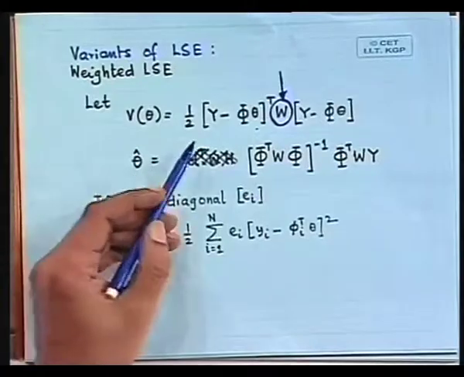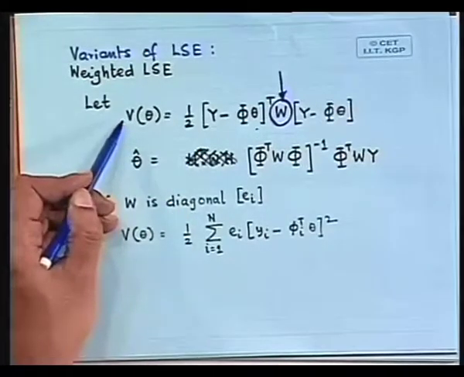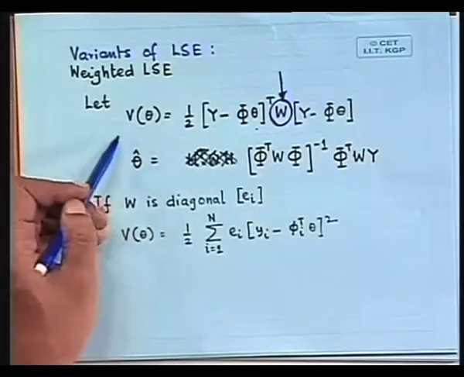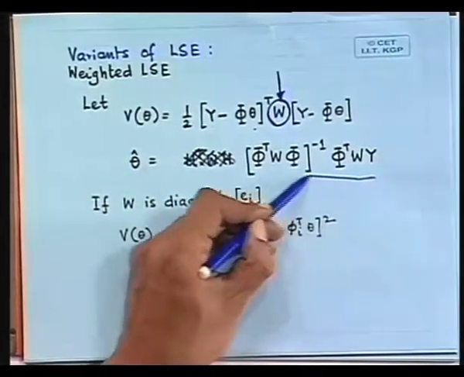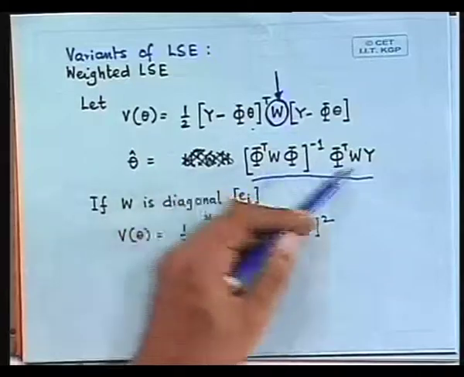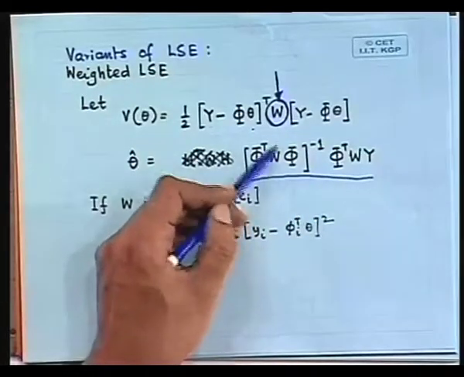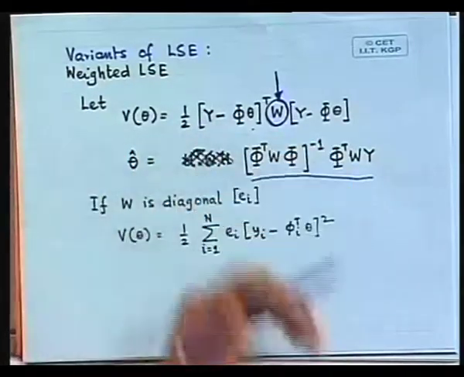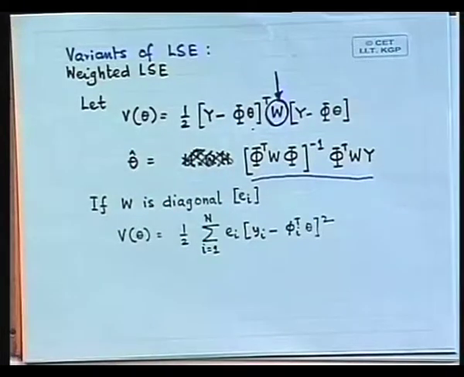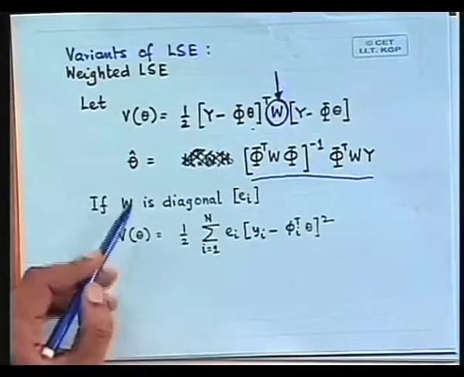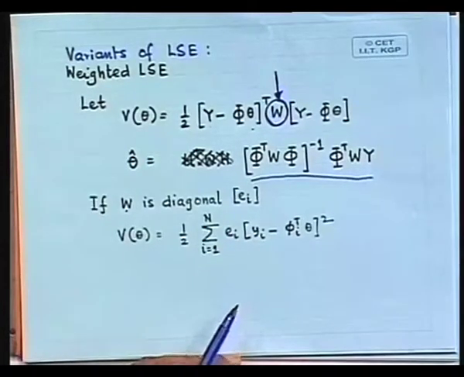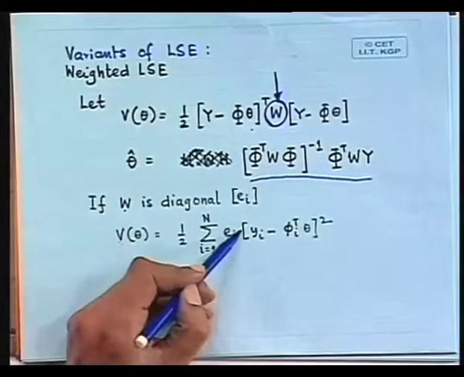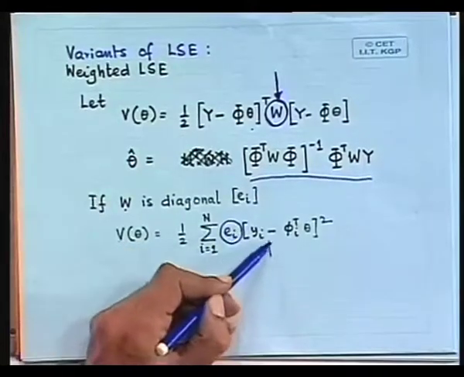Again you can do the same thing: differentiate this V theta with respect to theta and set to 0, then you will get this relationship, which is obviously the same as our old relationship. If you set w equal to I, you will get the least square estimate back. And if w is assumed to be diagonal, then this V theta is nothing but what I said, that you are putting weights on the errors at the various instants.